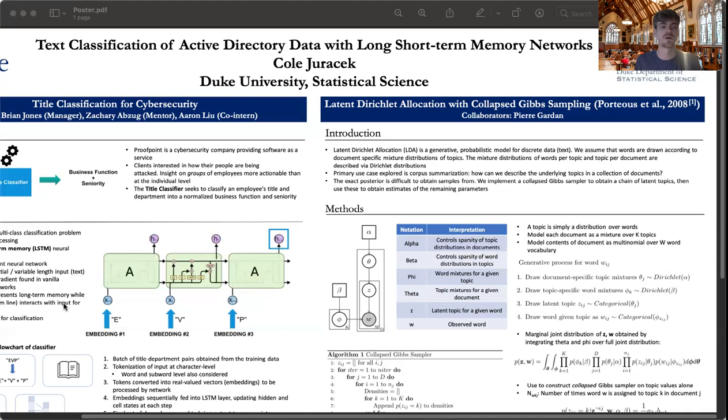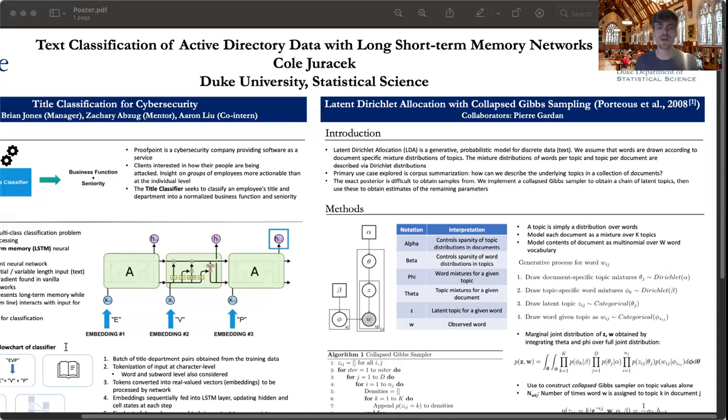When explaining the model, I'm going to be primarily referring to the plate notation, as well as the table right under methods. With LDA, we start with a corpus of capital D documents, as well as the desire to find capital K underlying or latent topics within them.